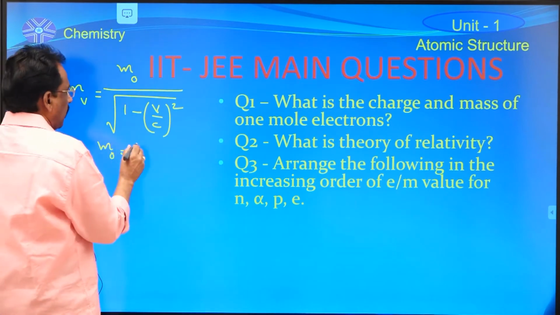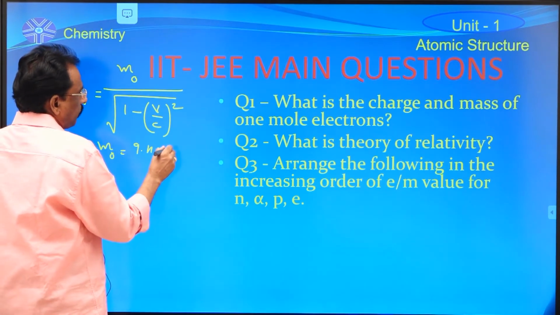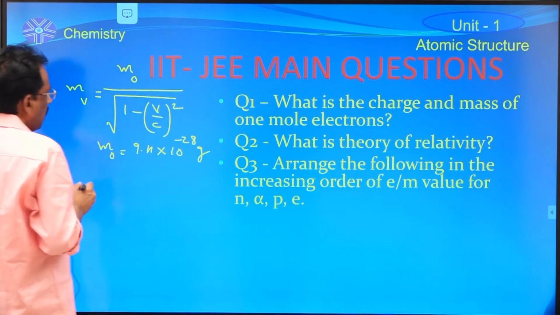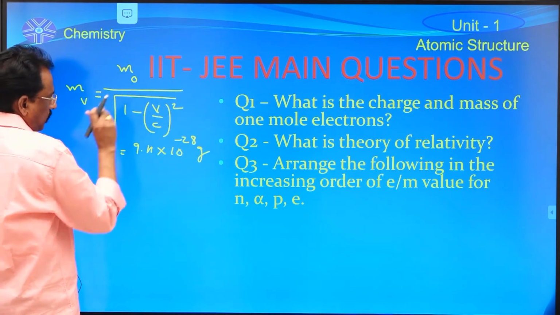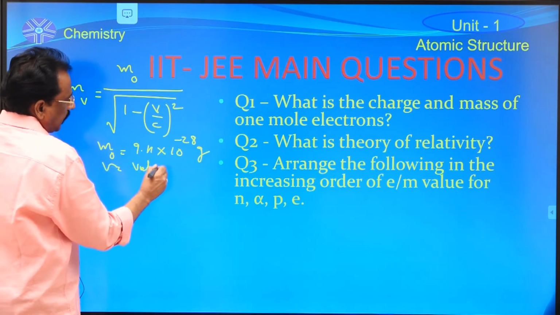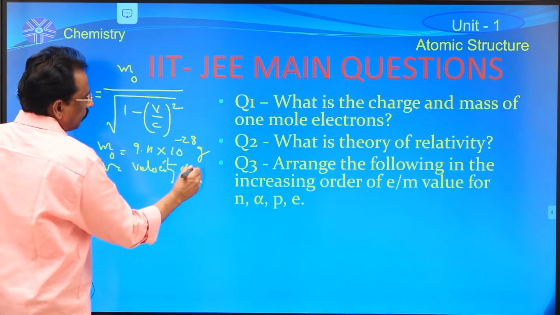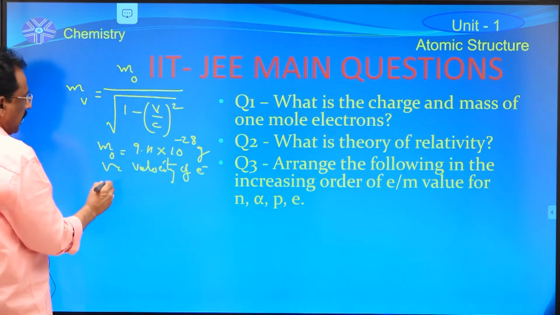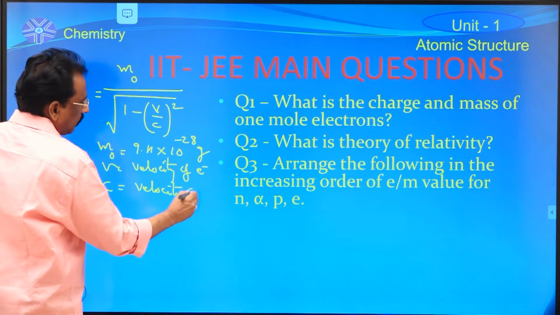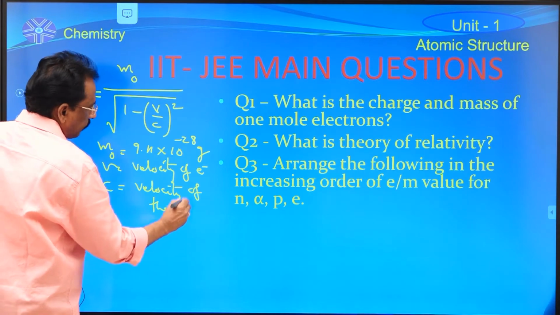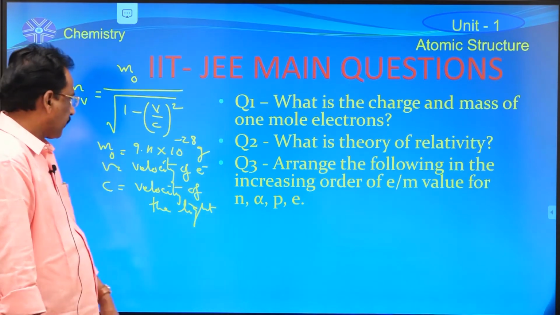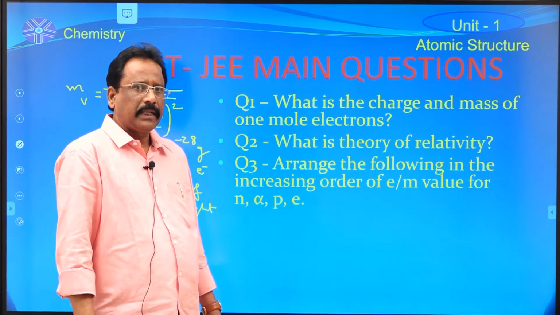It is a constant value, which is equal to 9.11 into 10 power minus 28 grams, and v is equal to velocity of the electron, and c is equal to velocity of the light, which is equal to 3 into 10 power 10 centimeter per second.